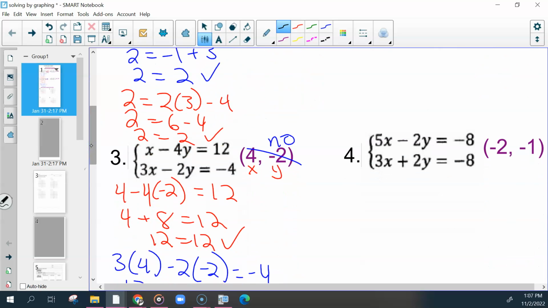That did work. Did anyone need to see that one? So as you start to solve these, check your answers, double check: is this the actual solution or did I do something wrong?